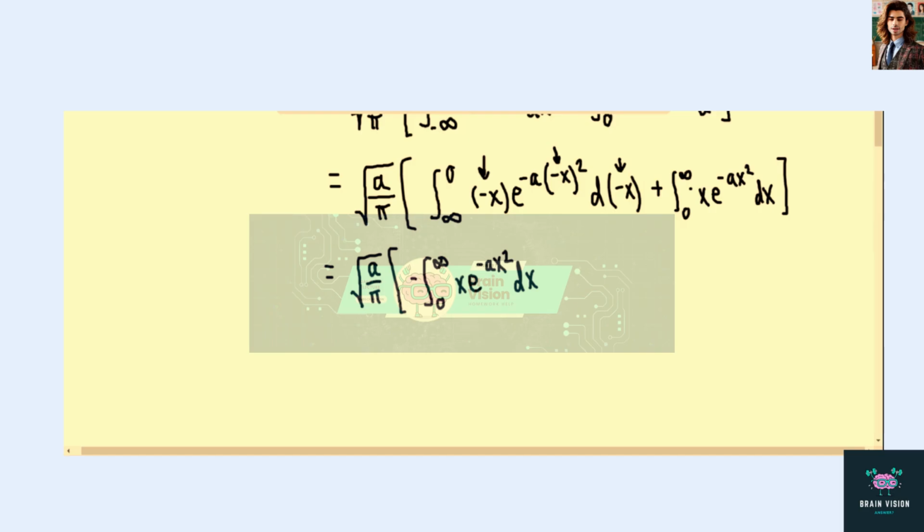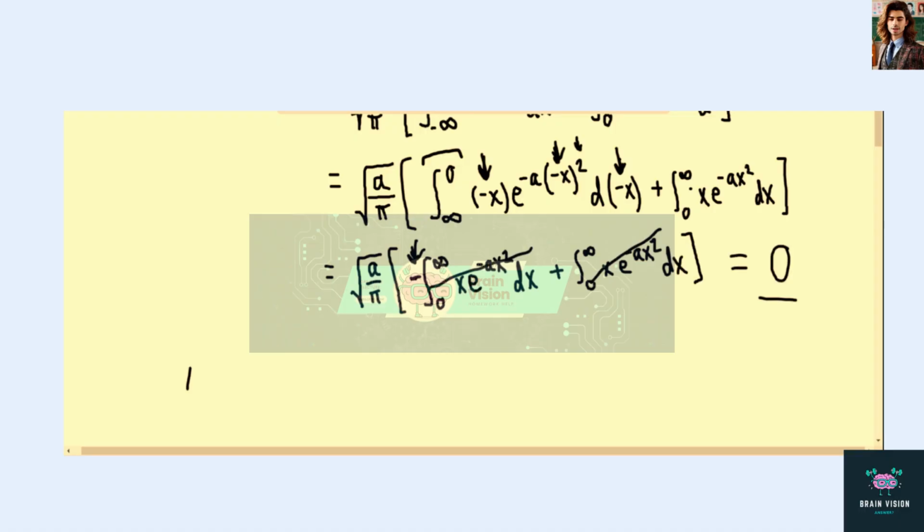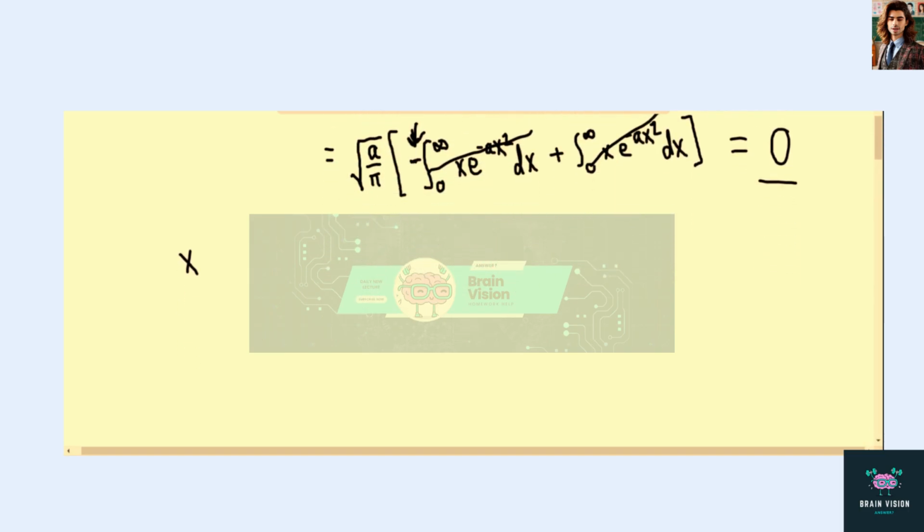So that leaves us with x dx in the next line, and we just have e to the negative ax squared. So we just have a minus sign right here simply because we flipped this integral. So now this integral will cancel with the integral that we left alone on the right, and we therefore have 0. So the expectation value for x in the ground state is 0.